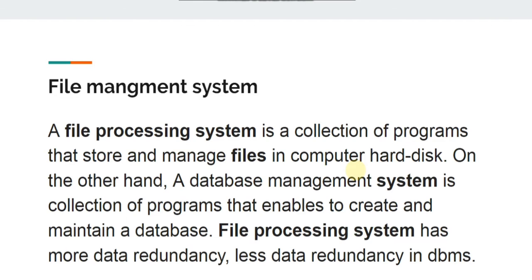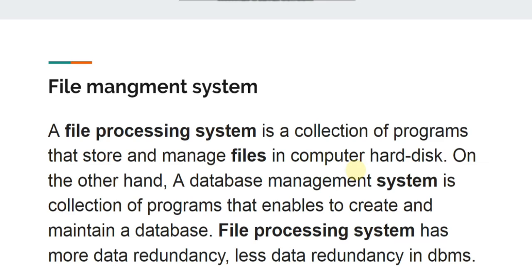So a file processing system is a collection of programs that store and manage files in a computer hard disk, such as the different kinds of files we have stored in our computer. We store different kinds of information in these files, specifically on hard disks, and we can just access them.